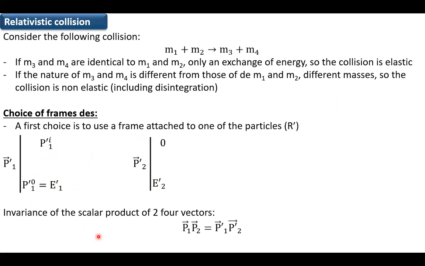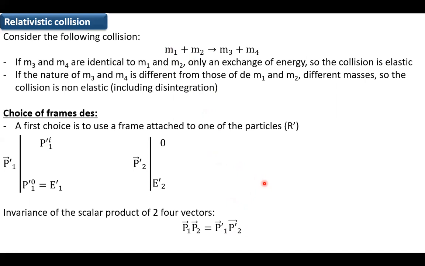Okay, so we need invariants. The most obvious invariant is the scalar product of P1 and P2. So you take the product P1, P2 in R, which is invariant, so it is equal to P prime 1 times P prime 2 in R prime, because it's the scalar product of the two four-momentum vectors of the particles M1 and M2.